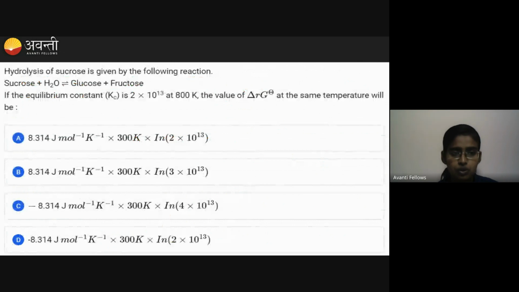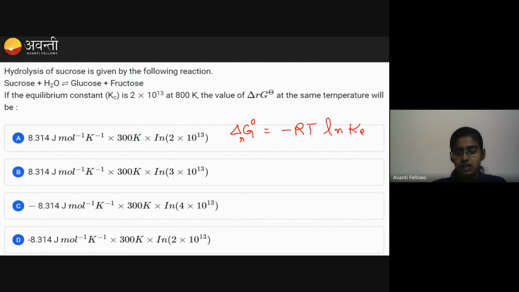Hydrolysis of sucrose is given by the following reaction. When sucrose reacts with water, it gives glucose and fructose. If the equilibrium constant Kc is 2 into 10 to the power 13 at 800 Kelvin, the value of delta Gr naught at the same temperature will be. Now, how to find out? We have to take that relation again. Delta Gr naught is equal to minus RT into ln Keq.